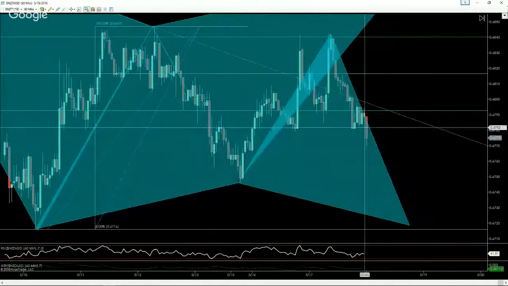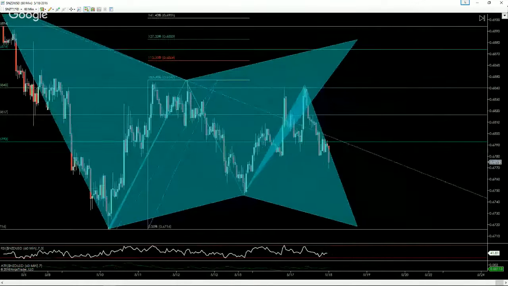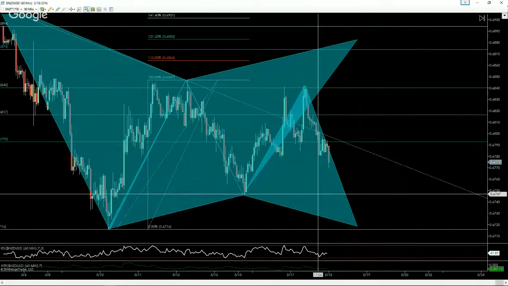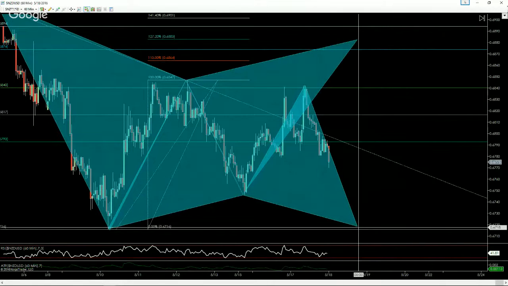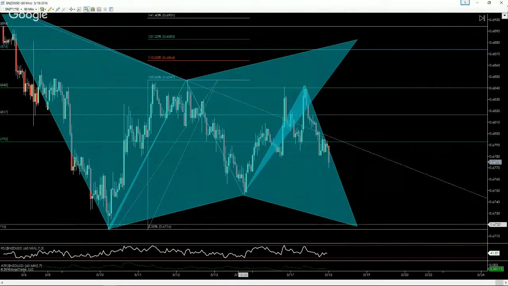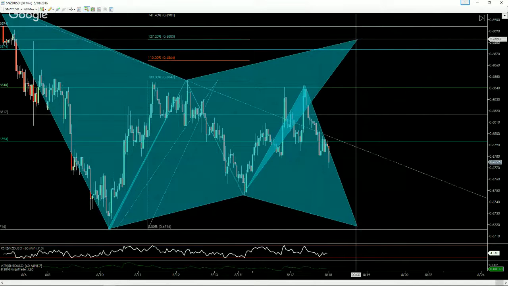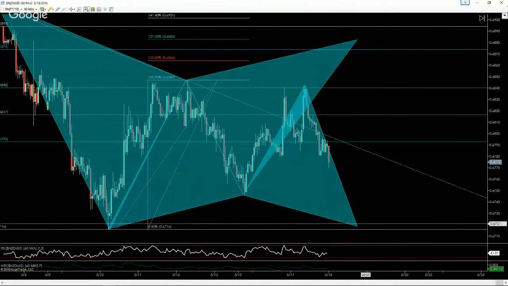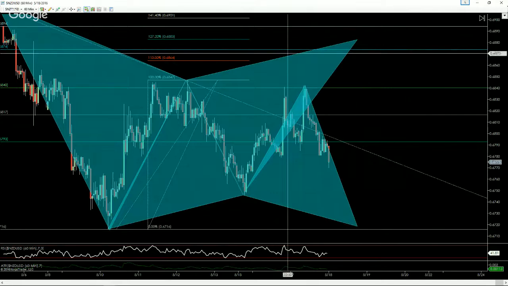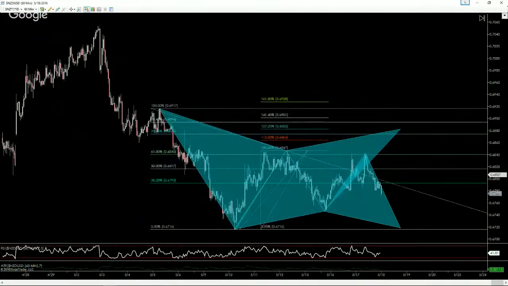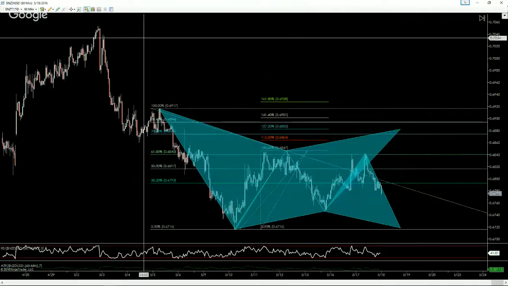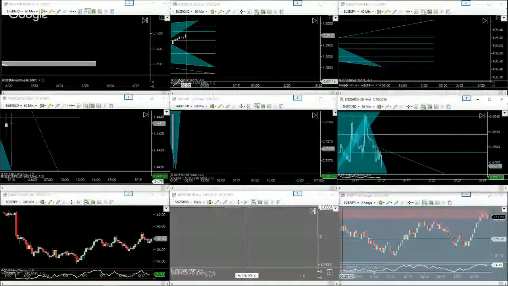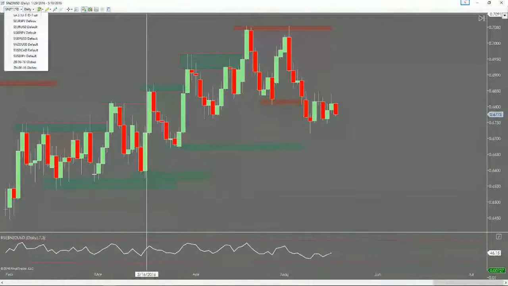So if price does continue to come down, back down to this 127 extension of this leg right here, we could be looking at a bullish Gartley pattern that could in turn also terminate right here and complete this bigger Gartley pattern that we saw here on the 240. So we have that.